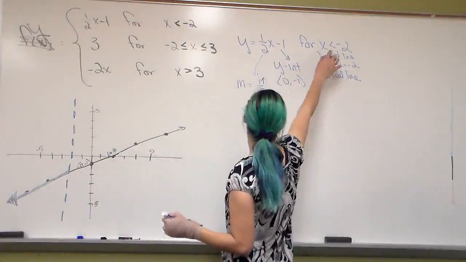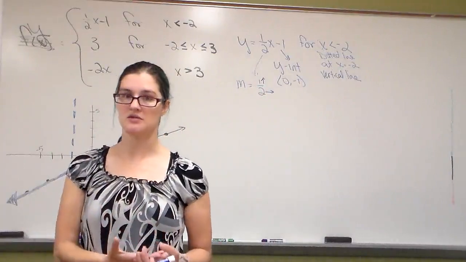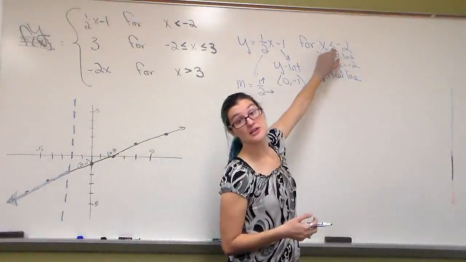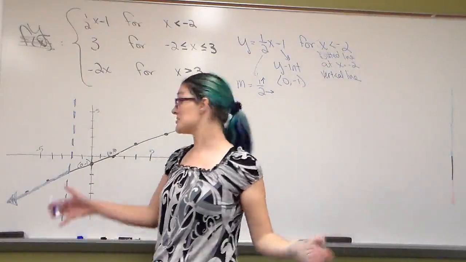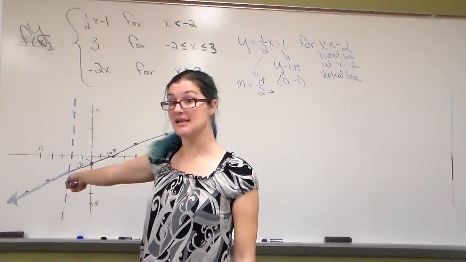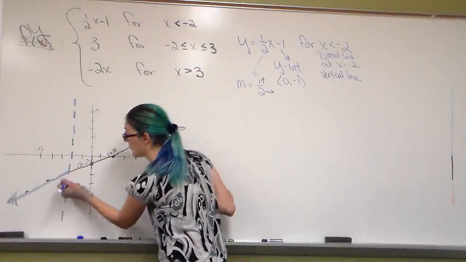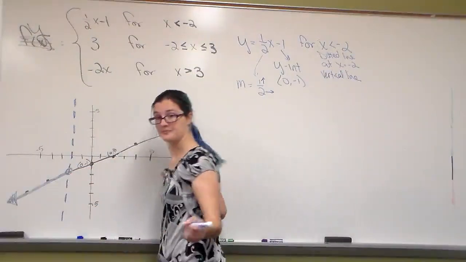Now, when it's on -2, you need to determine, does it equal -2? If we look at this, there's no equals bar underneath that less than sign. No equals bar means it's not equal to. Somewhere I have to show in this graph that it's not equal to -2. The way I'm going to do that is put a point, but leave it an open circle.